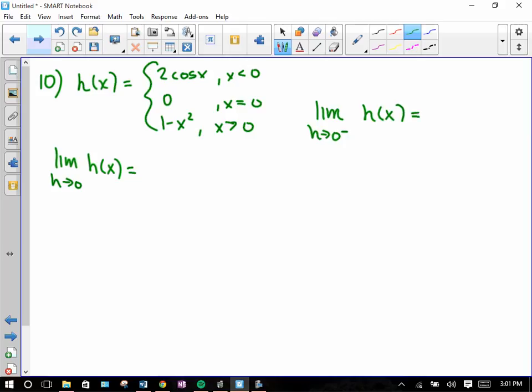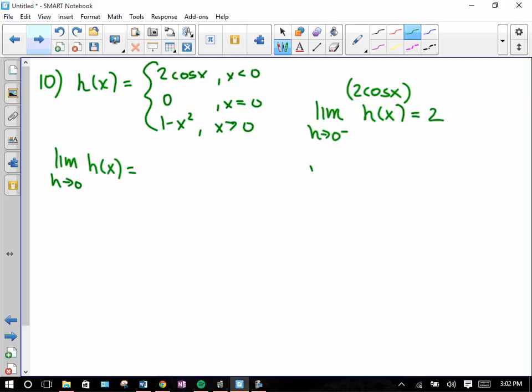Approaching from the left, it's going to be 2 cosine x. If I plug 0 in there, it's going to be 2 times cosine 0. Cosine 0 is 1. 2 times 1 is 2.